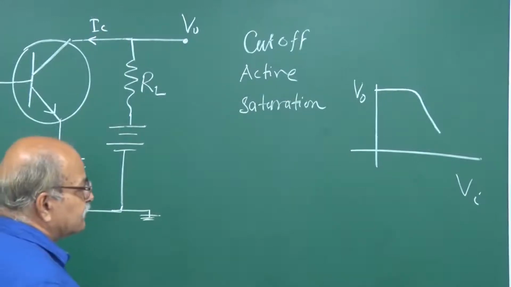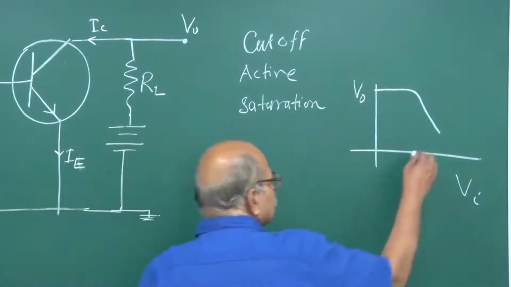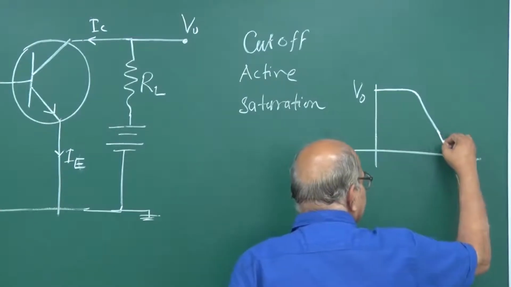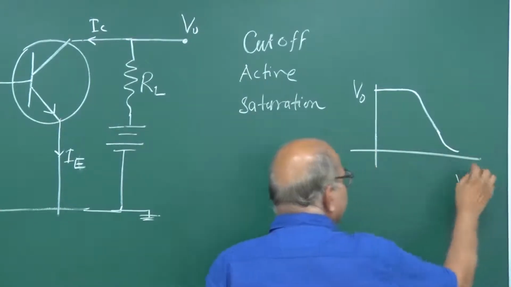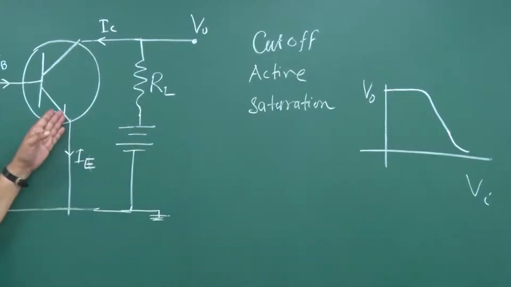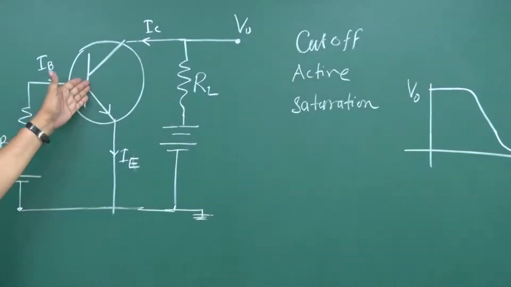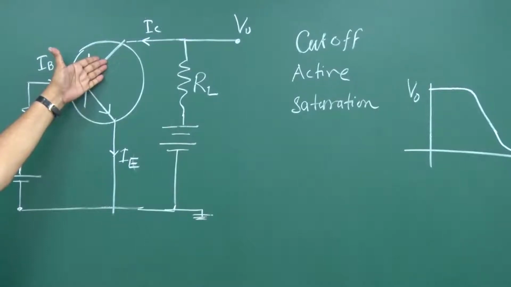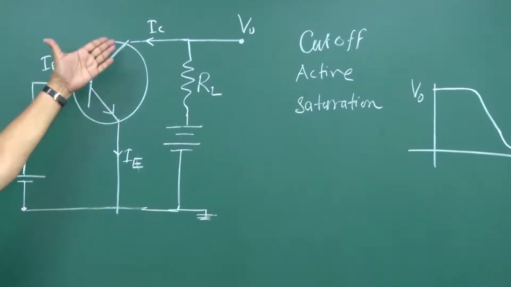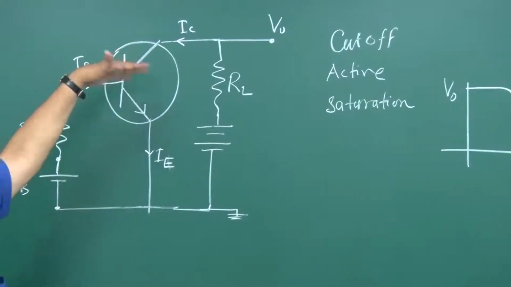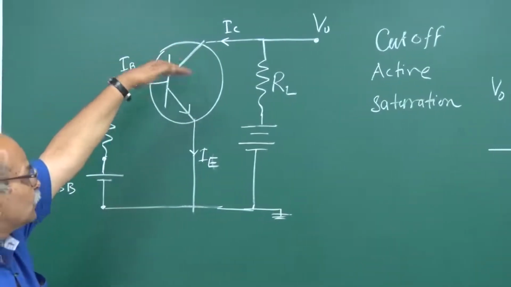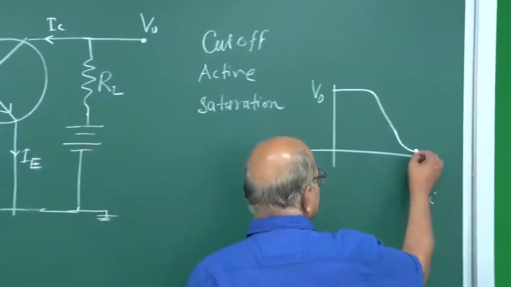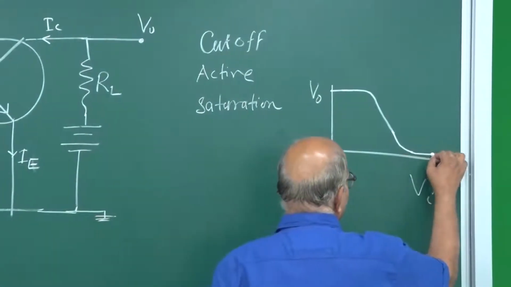So this is that active region, and then once you have lot of VI, then the carrier injection is so big that this is no more able to draw the current, increase the current. So the current remains at close to that maximum, and therefore the voltage drop becomes constant and very close to 0, like this.